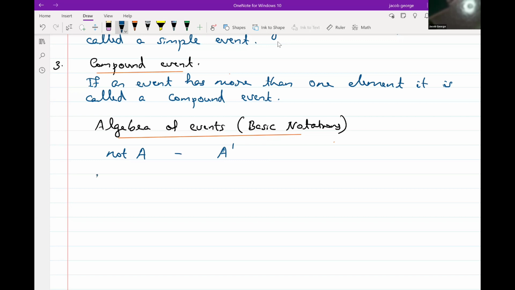Another important notation is A or B. A or B is A union B. So if "or" is a connecting word, it is union. A or B is the same as A union B.